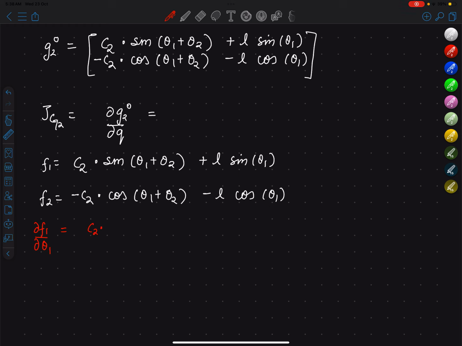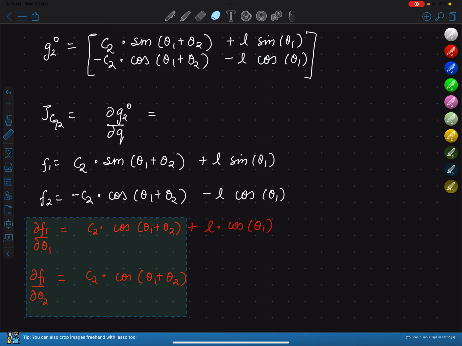If we write, that is C2 cos theta 1 plus theta 2 plus, minus or plus only, I think plus L cos theta 1, right? So this is del F1 by del theta 1. What is del F1 by del theta 2? It is C2 cos theta 1 plus theta 2, and because there is no theta 1 theta 2 here, this gives 0. Alright, so this is the first row.